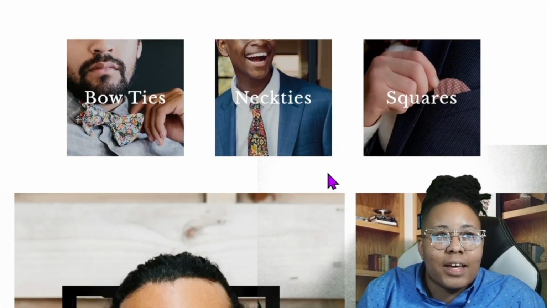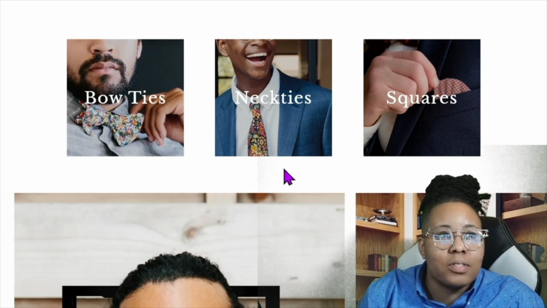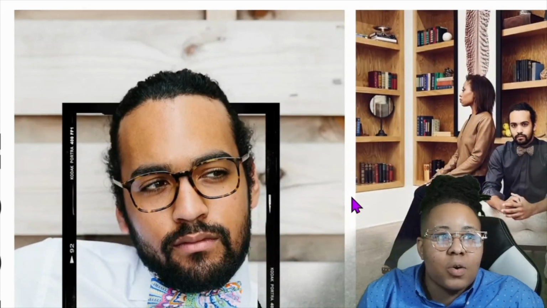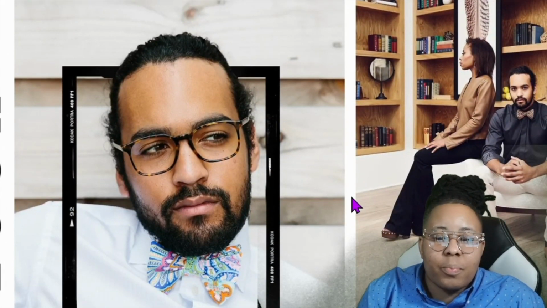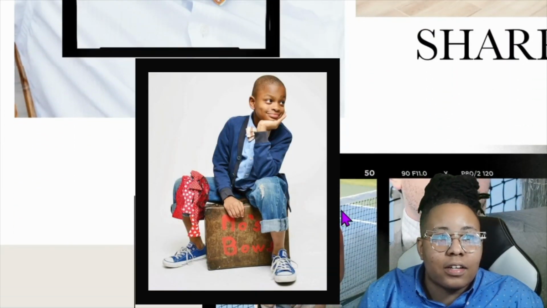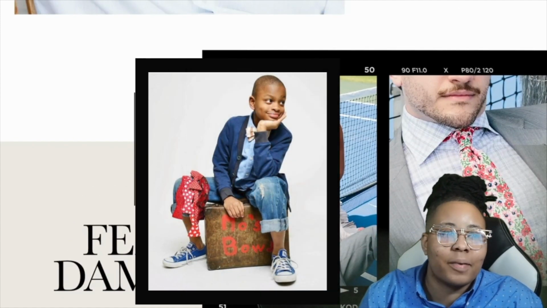So now he has clients like Barack Obama and Steve Harvey. Look at these bow ties. Look at these neckties. They even have squares. This is amazing. So what started out as just a project to earn money now makes over $200,000 a year. Good job, Mo Bose. Mosiah Bridges.